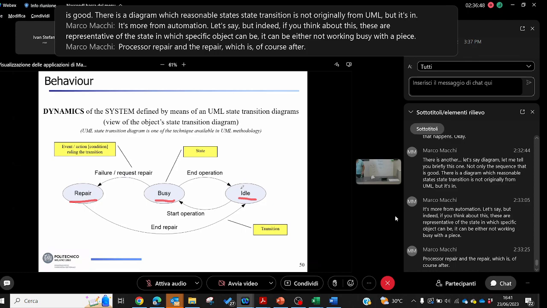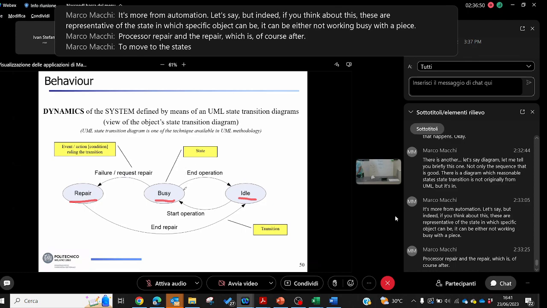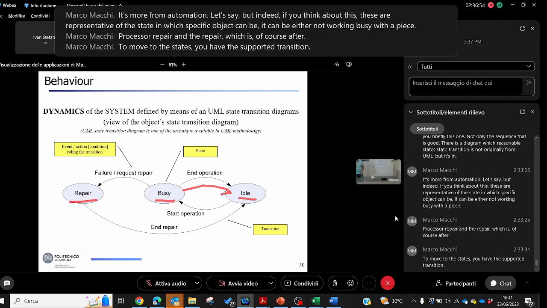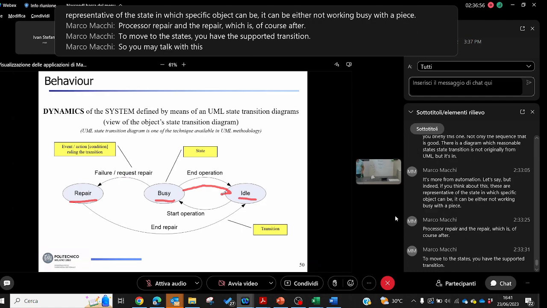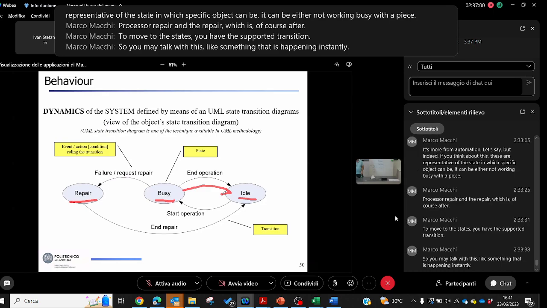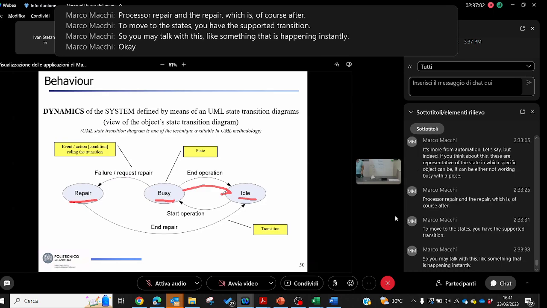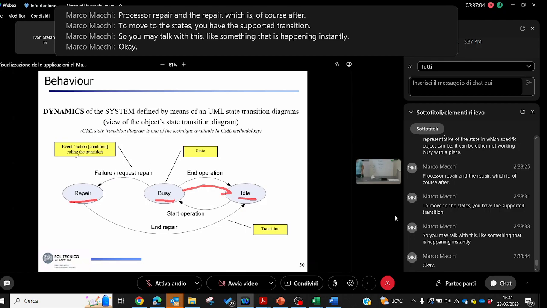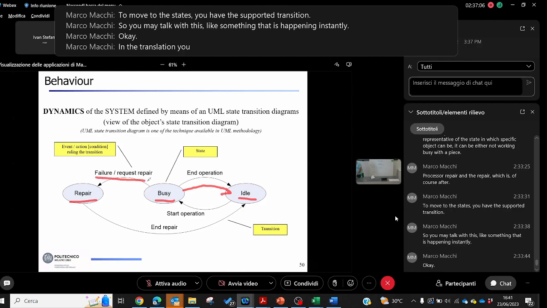To move through the states, you have the so-called transition. So you may interpret this like something that is happening instantly. Okay? In the transition, you may label a number of pieces of information.